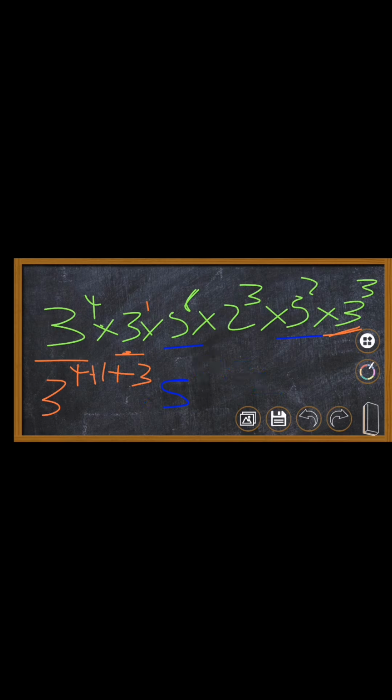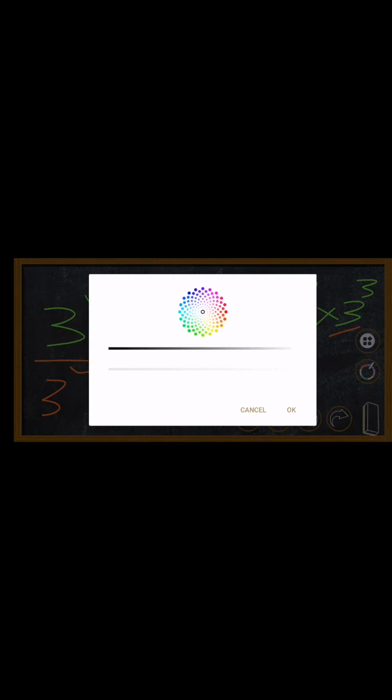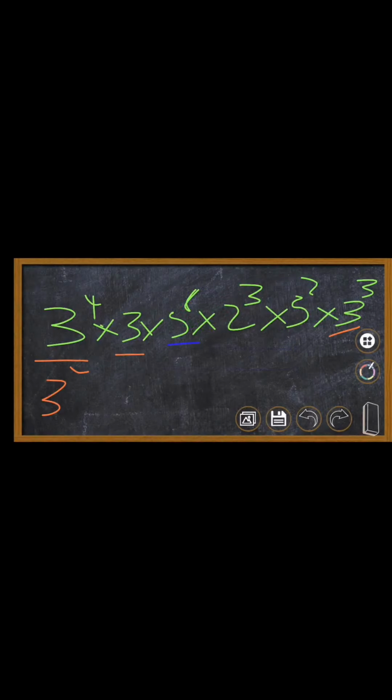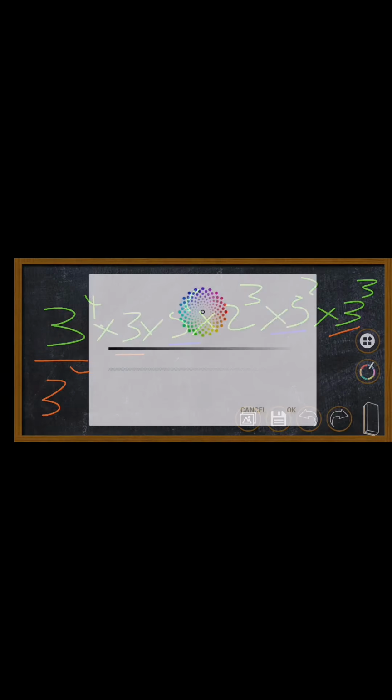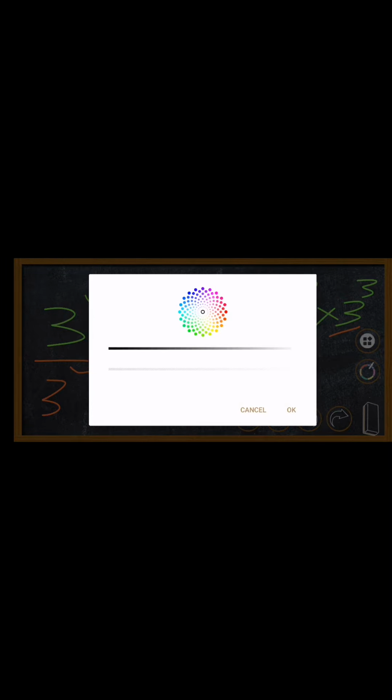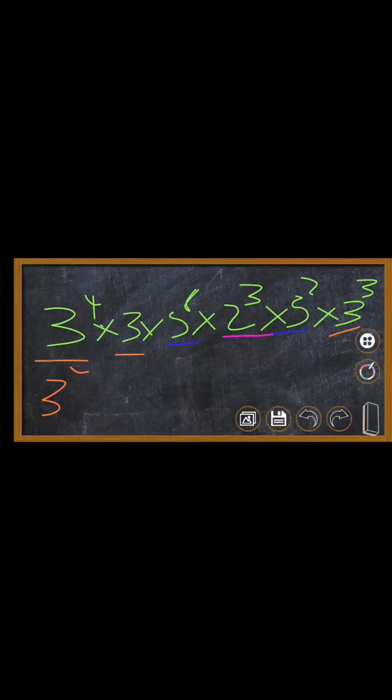Now let's just wrap that so that we have enough space to work with. So I'm just going to underline it. So that is 5 and 5. And the last one that we are left with is the 2, and the 2 is alone, so 2 to the power of 3.